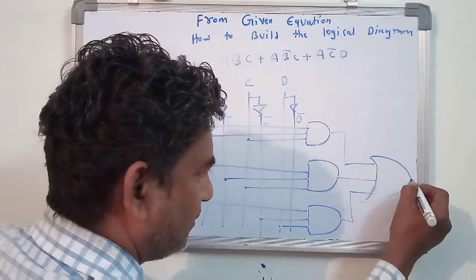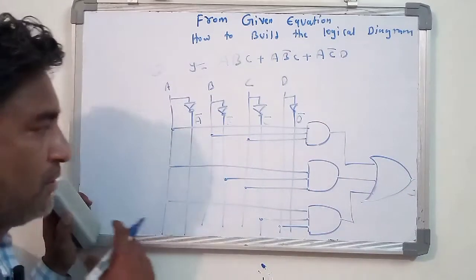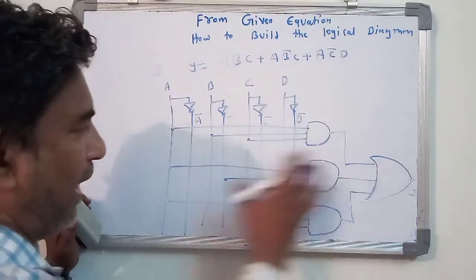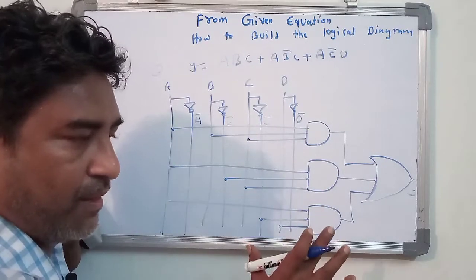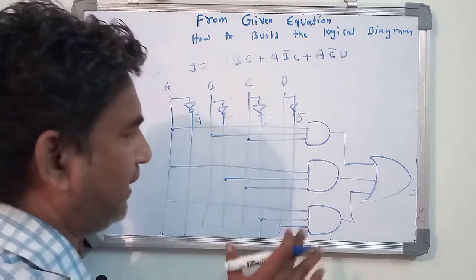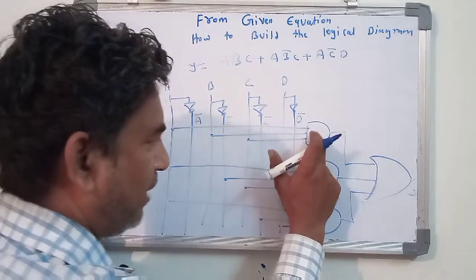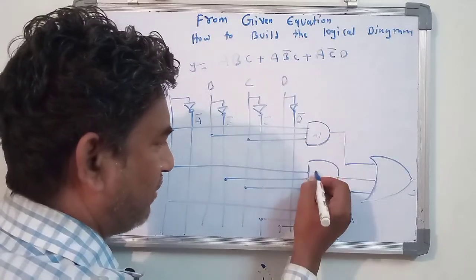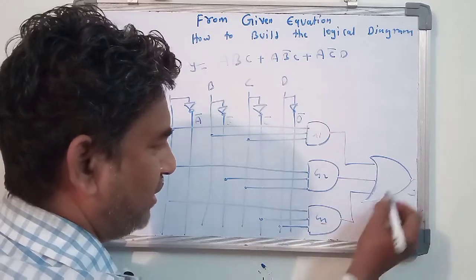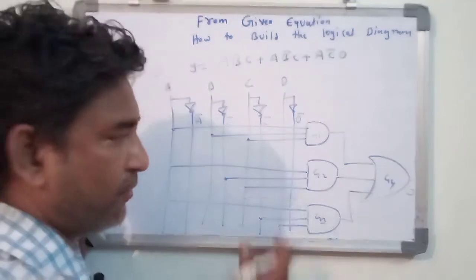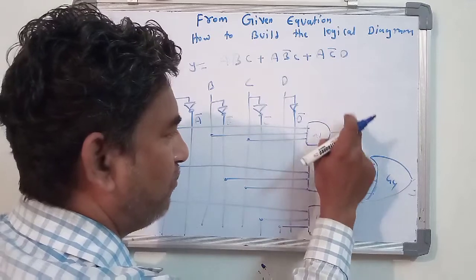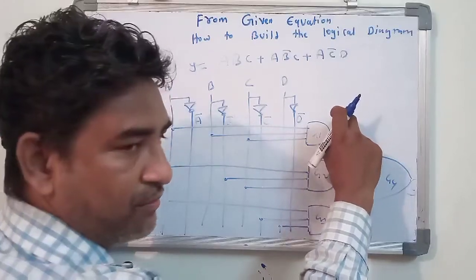Okay students, understood? Now as we have drawn this one, at the end what you have to do, at the output of gate number 1, gate number 2, gate number 3 and gate number 4, you have to write down the output equation present there.